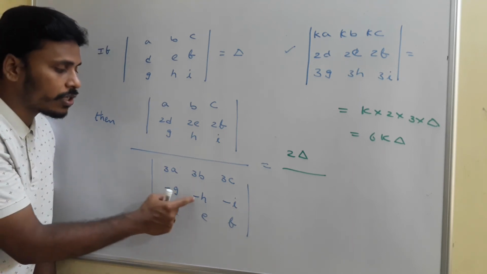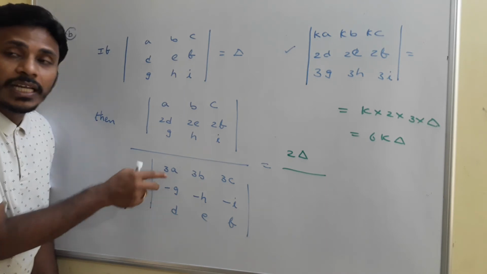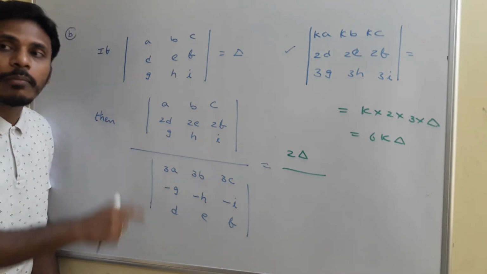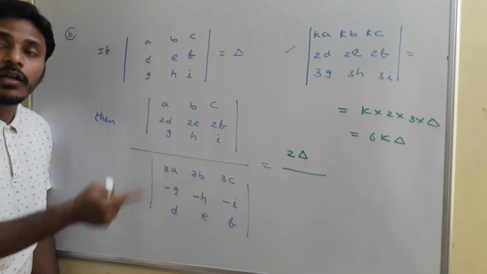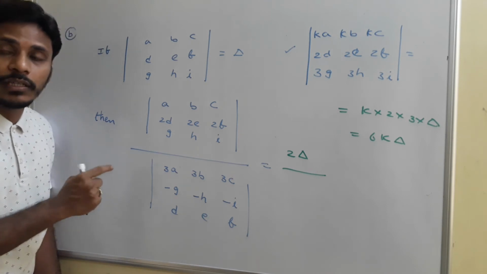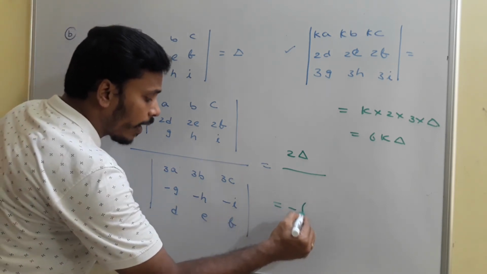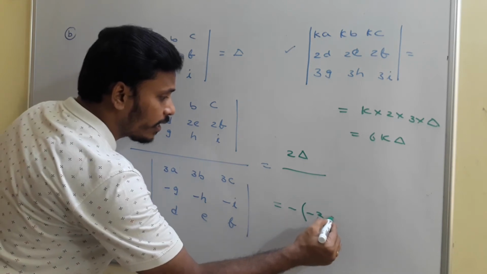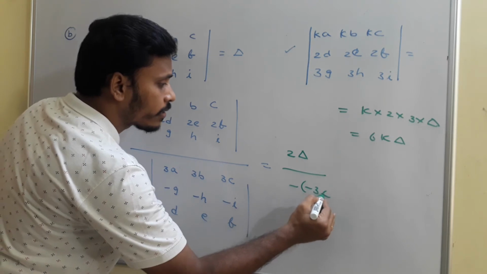For some time, leave the minus part aside. Since the second row and third row are interchanged, you will get one minus sign, and here one row is multiplied by a minus symbol, from there you will get another minus sign, and since the first row is multiplied by 3, you will get a 3 also. So your answer here is minus of minus 3 delta. For the denominator it is minus of minus 3 delta.